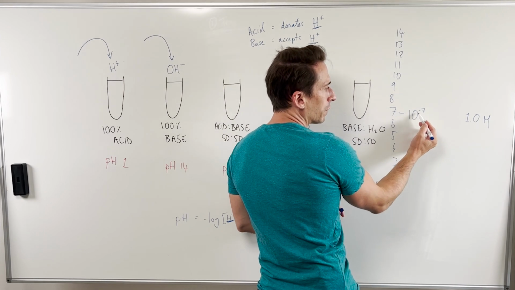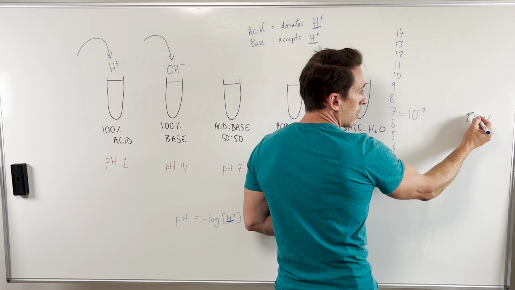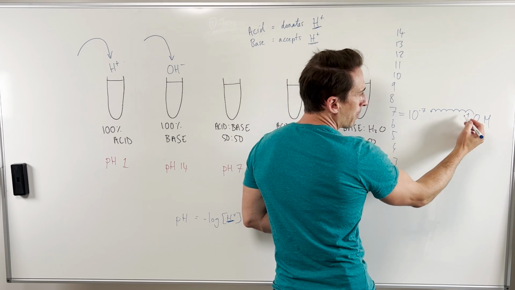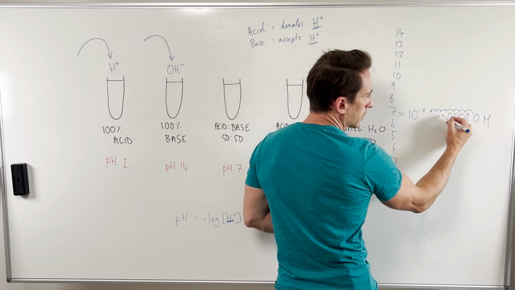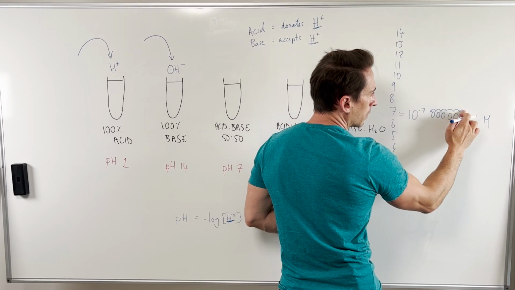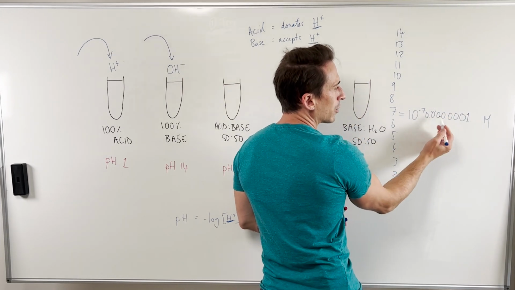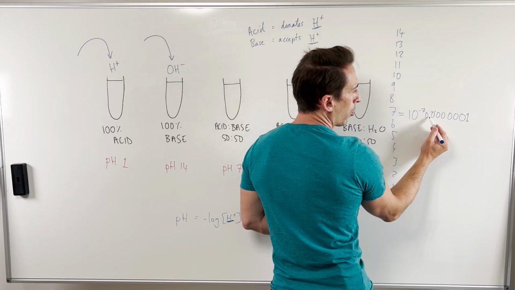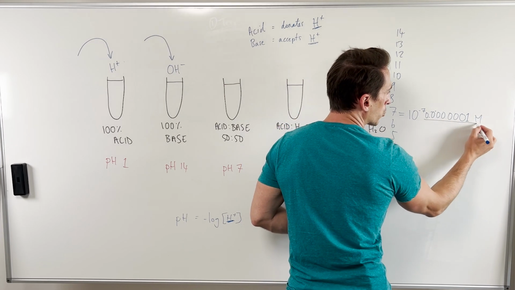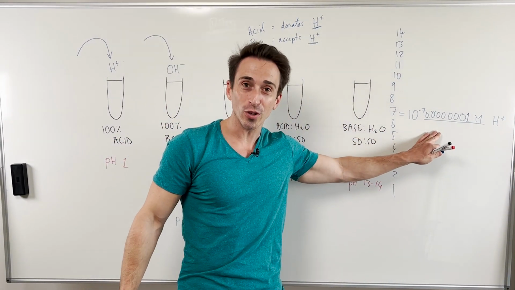If you move to negative 7 decimal places, 1, 2, 3, 4, 5, 6, 7, that now means, if I put the zeros under here, the amount of hydrogen ions that we have in this solution is 0.00000001 molar. That's the concentration of hydrogen ions in a pH 7. So that's not many hydrogen ions.